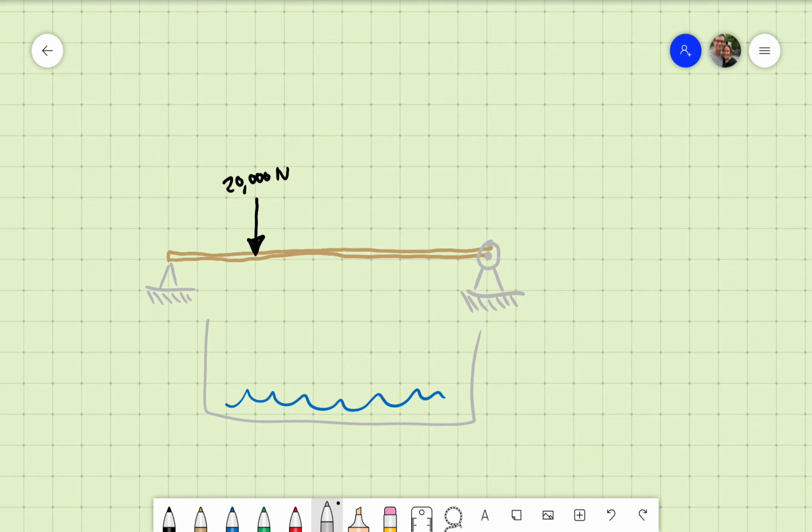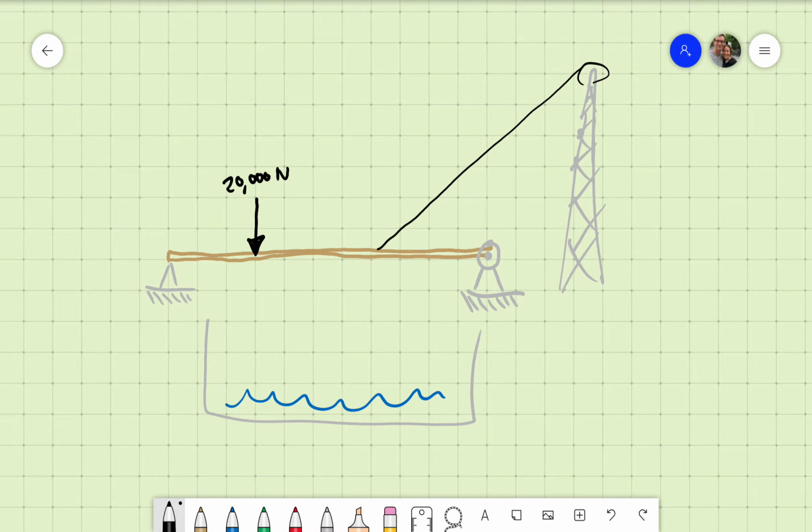I realize I'm not strictly doing free body diagrams right now because I'm drawing other stuff. I haven't isolated this from the universe. But let's say that there's like a pulley system with a cable that attaches, and that's what pulls it up when it's time for the boats to go through. Okay, there's our little tugboat.